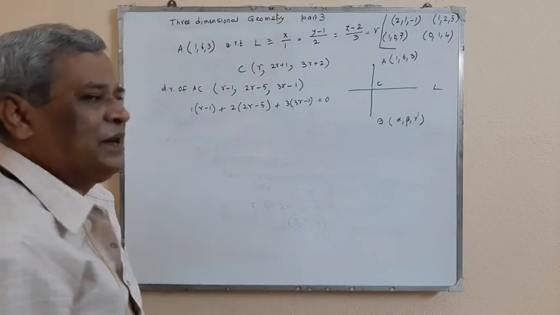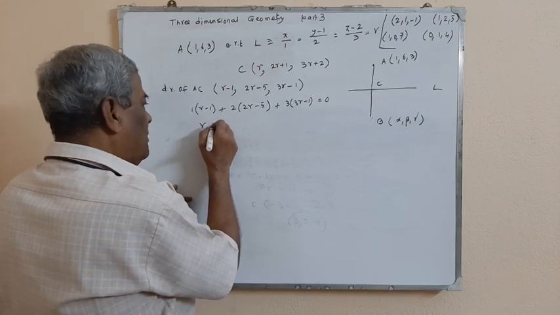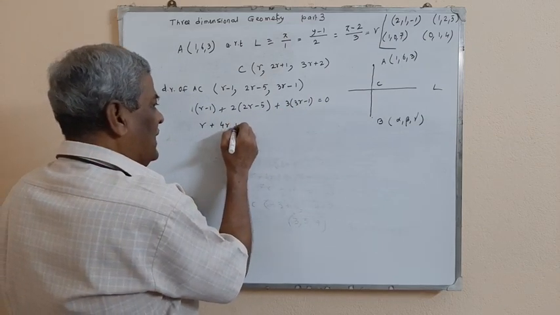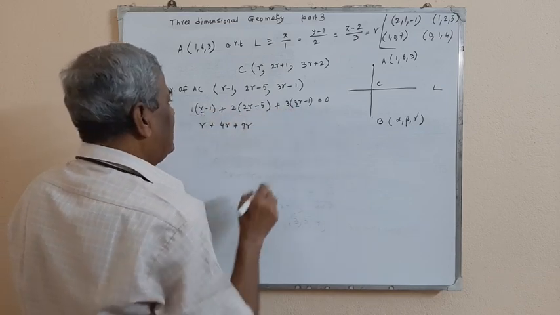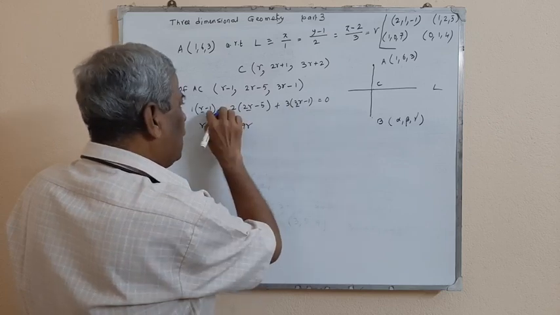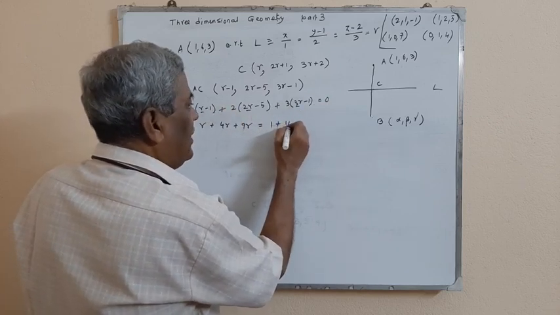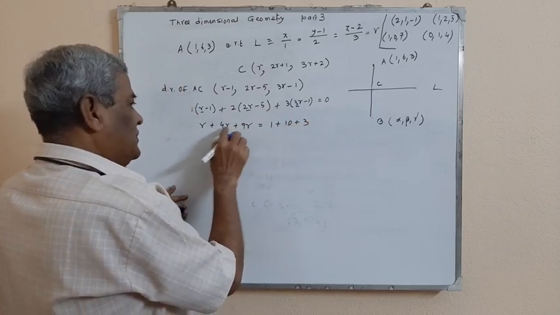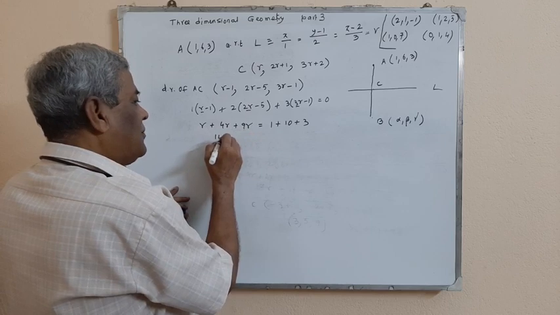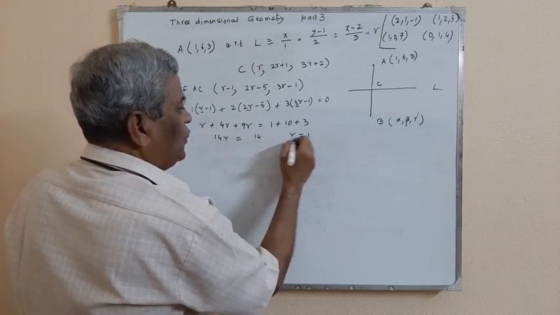From that, very easily we can solve for R. This is R plus 4R plus 9R, that is 14R, is equal to, taking all the constants to that side, 1 plus 10 plus 3, that is 14. Hence R is equal to 1.